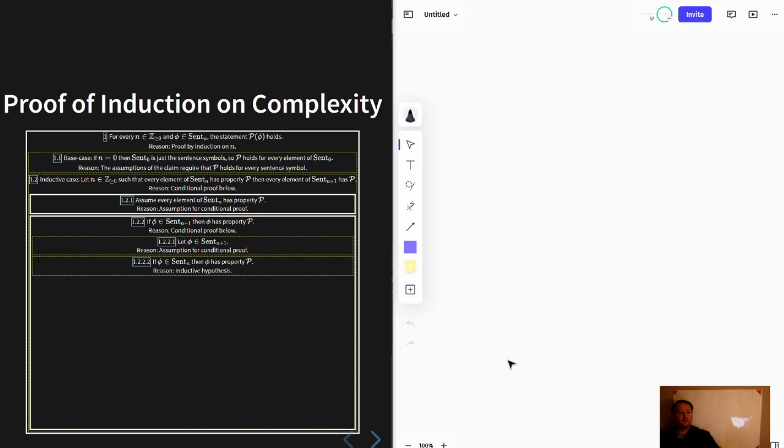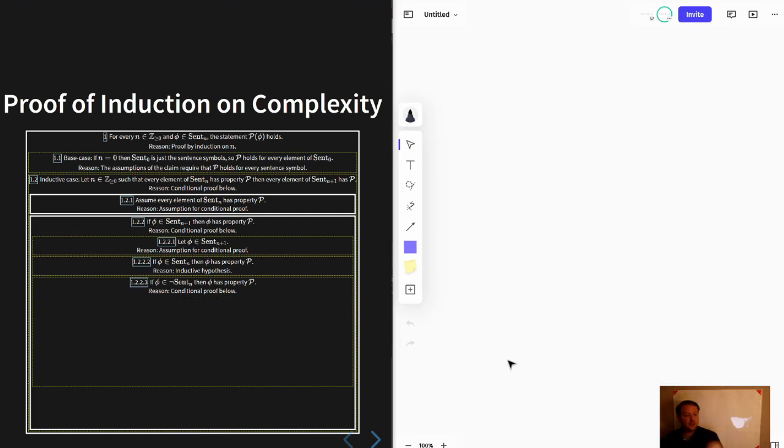Let's consider the first of those cases, which is that phi is in sent n. Well, as we've already said, in the inductive hypothesis, we are assuming that every element of sent n has property P, so nothing to prove here.